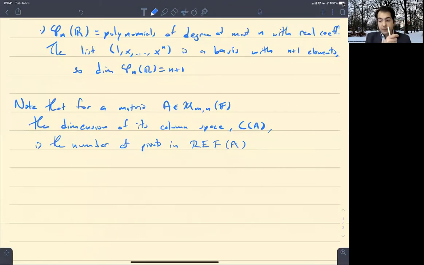And so you can use the columns that have the pivots to write the other columns as linear combinations. Of course, that's after you've taken the reduced row echelon form, but row operations don't change that fact. And so the dimension of the column space of the original matrix is the same as the dimension of the column space of the reduced row echelon form of that matrix. So it's just the number of pivots.